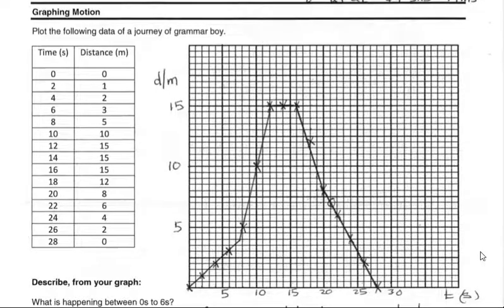So we would be able to say 2 small boxes is equal to 1 second, and spread our graph out a bit more along the width of the graph paper. So you've got to adjust your scale accordingly to the size of the graph paper.